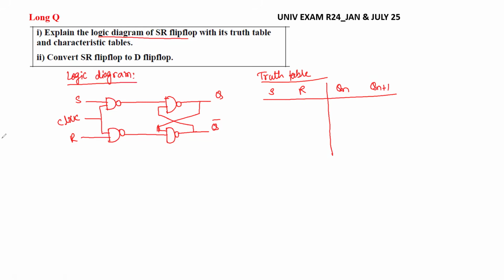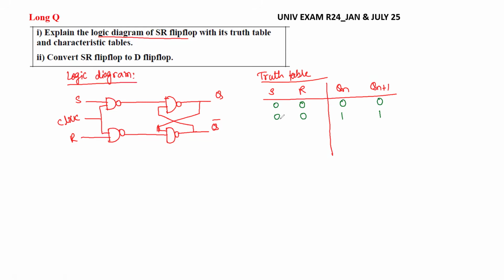So with the help of 2 bits, a total of 4 different combinations is possible here. Suppose when S and R both are 0, then if Qn, the present state, is 0, the next state will also be 0. Again, when S and R both are 0, if Qn is 1, then the next state will also be 1.